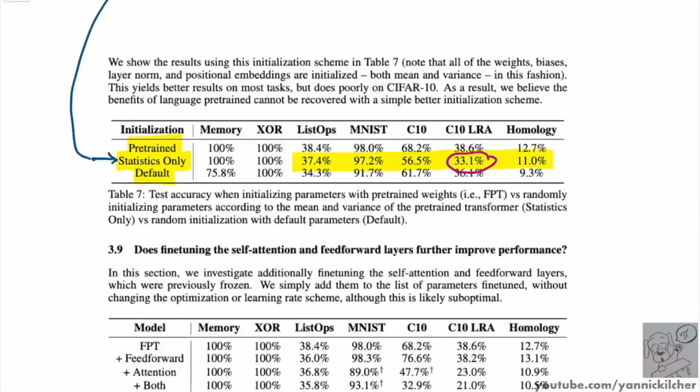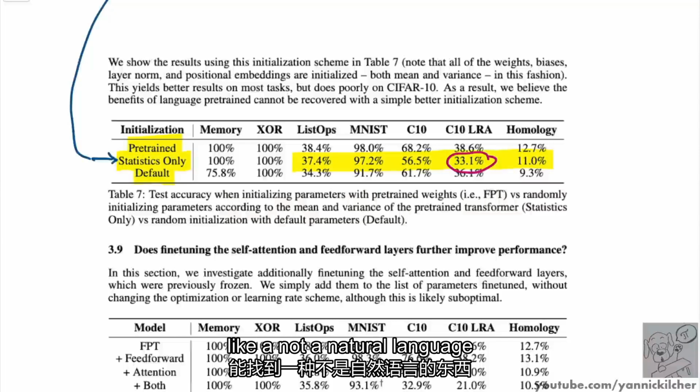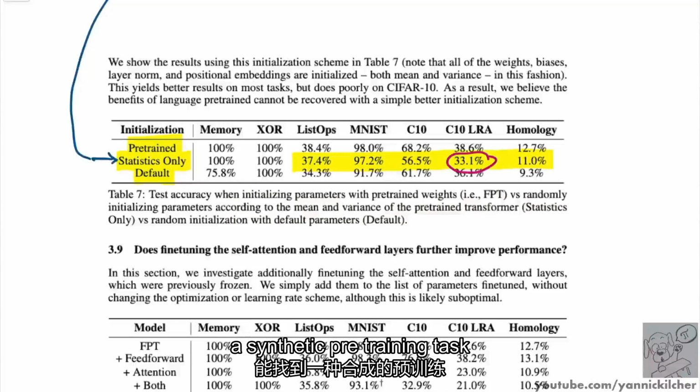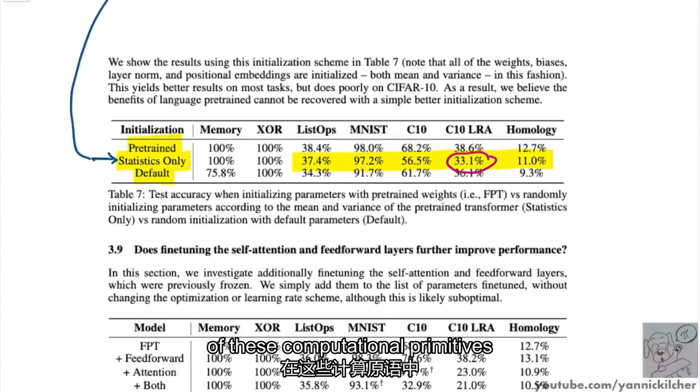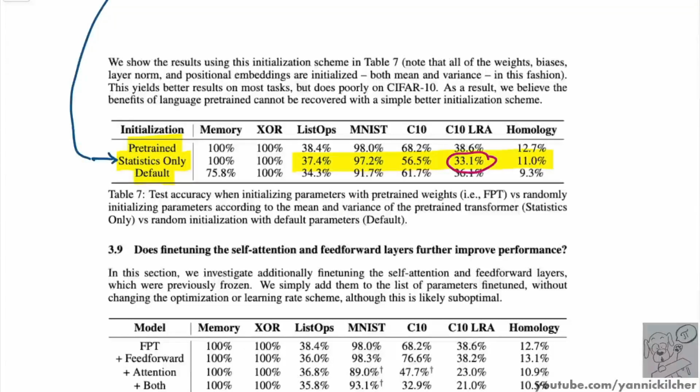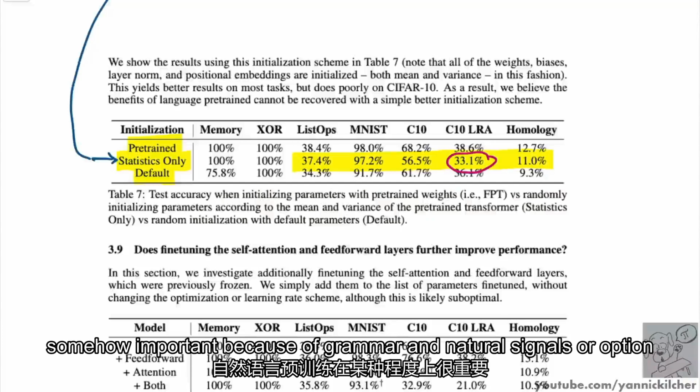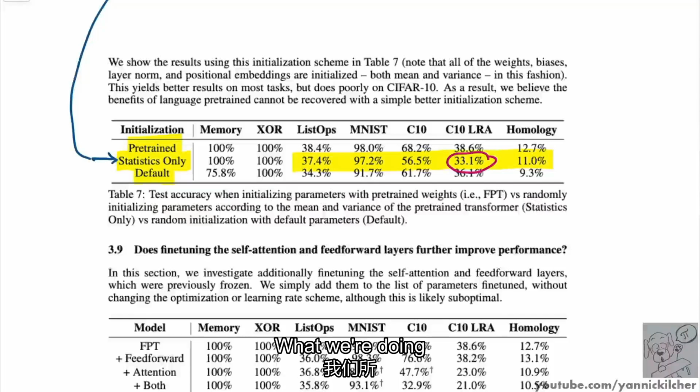Or if we could find, not a natural language, but a synthetic pre-training task that is just so hard, but it completely initializes all of these computational primitives, that might still be better. And that's going to be the ultimate experiment that differentiates between option 1, natural language pre-training is somehow important because of grammar and natural signals, or option 2, what we're doing is just inputting computational primitives into these layers.